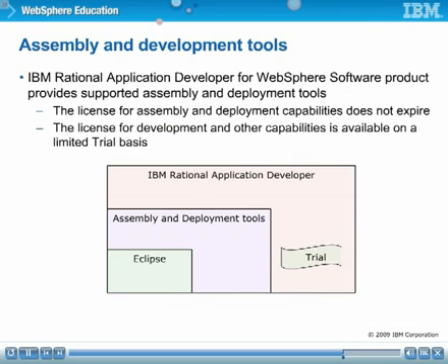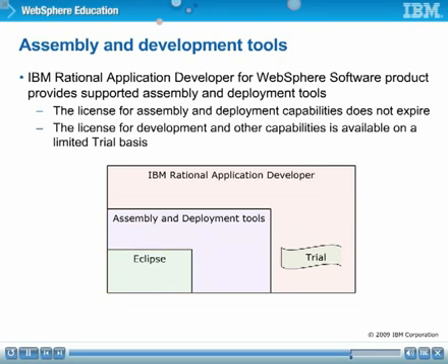Assembly and deployment tools. This diagram shows the relationship of IBM Rational Application Developer and the supported assembly tools for developing, assembling, and deploying Java EE applications. The box in the diagram labeled Eclipse represents the Eclipse platform on which the other tools are built.